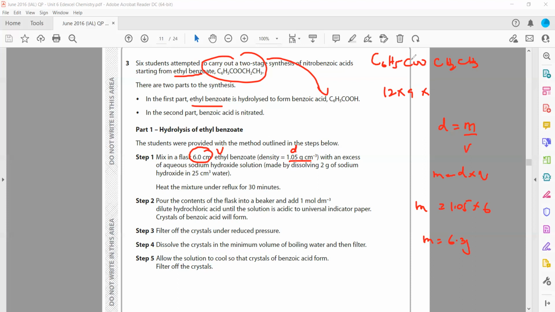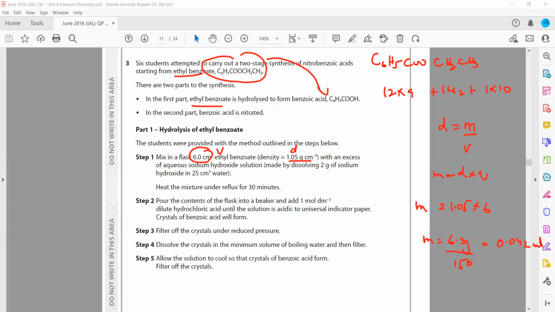So 12 multiplied by 9 plus oxygen is there 16 multiplied by 2 plus hydrogen is there 3, 4, 5 and 5, 10. So 1 multiplied by 10. So this will give us the total mass of ethyl benzoate, which will come out as 150. So 6.3 divided by 150, that is 0.042 moles.